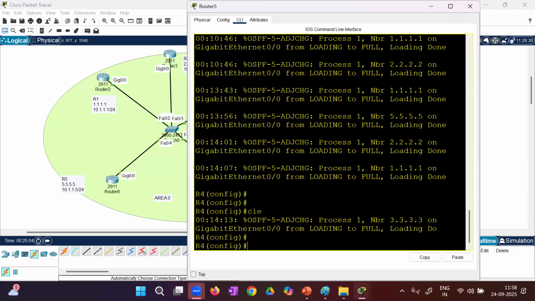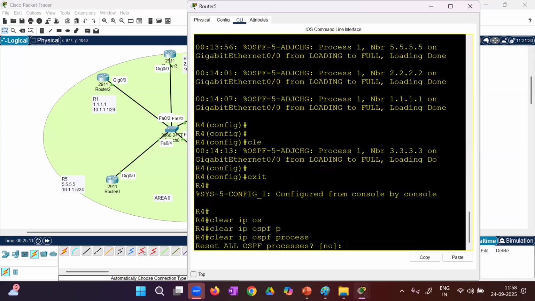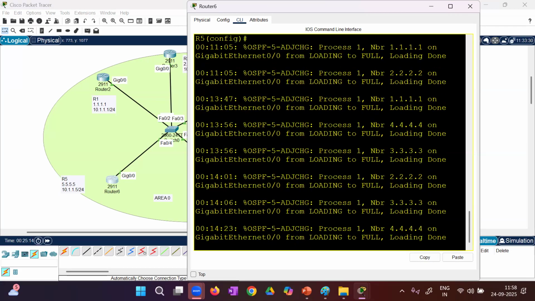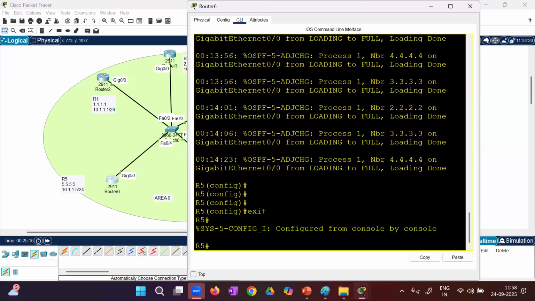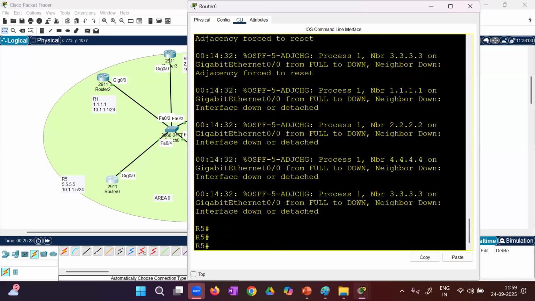And this command will work in enable mode. That's why give clear ip ospf process, yes. On the fifth also, give exit, clear ip ospf process, yes.